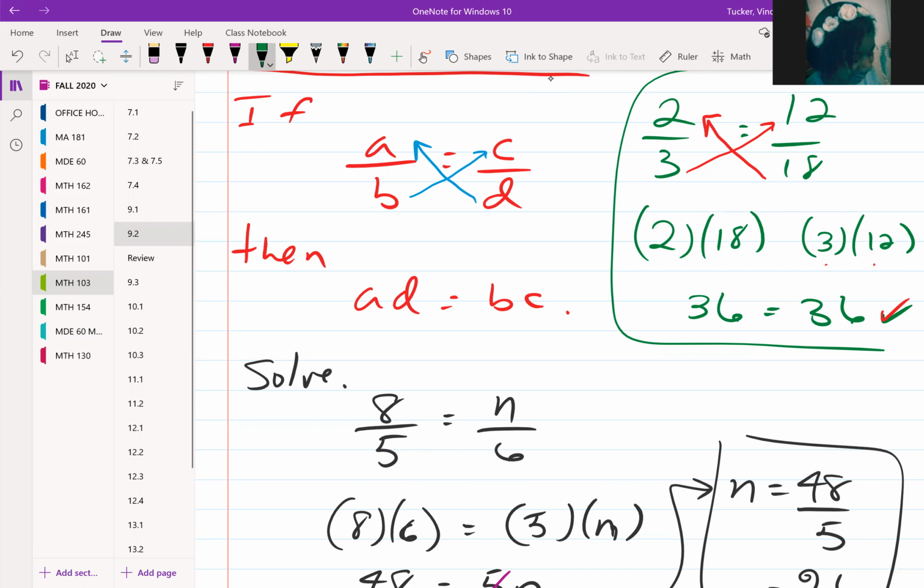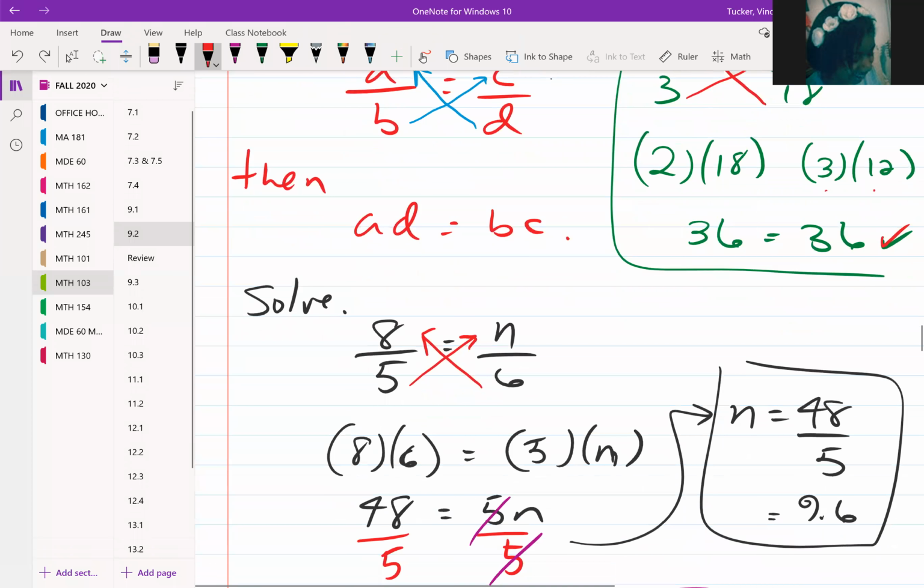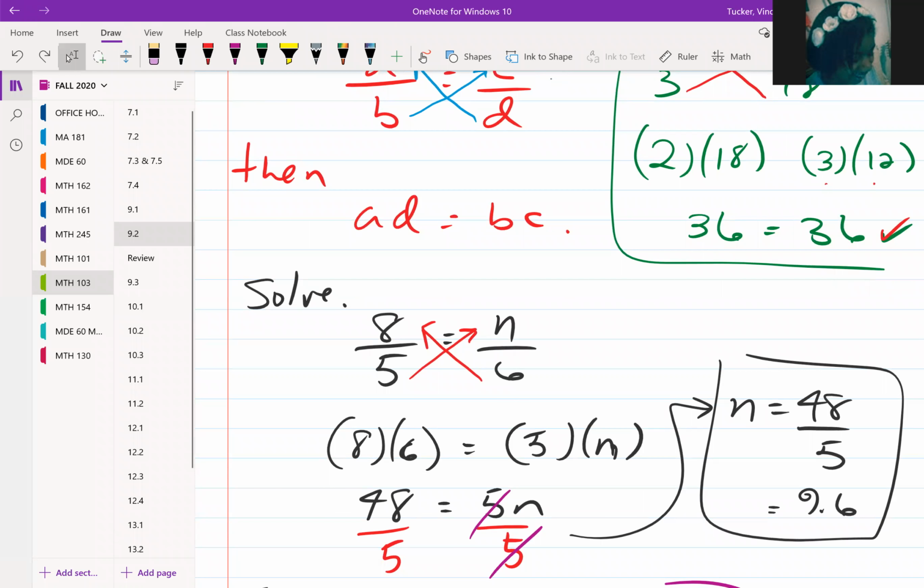All right, so we're going to use that principle to solve these proportions. If I have 8 over 5 equal to n over 6, and I want to know what would n be in order to make this a proportion, I would cross multiply. 8 times 6 is 48. 5 times n is 5n.